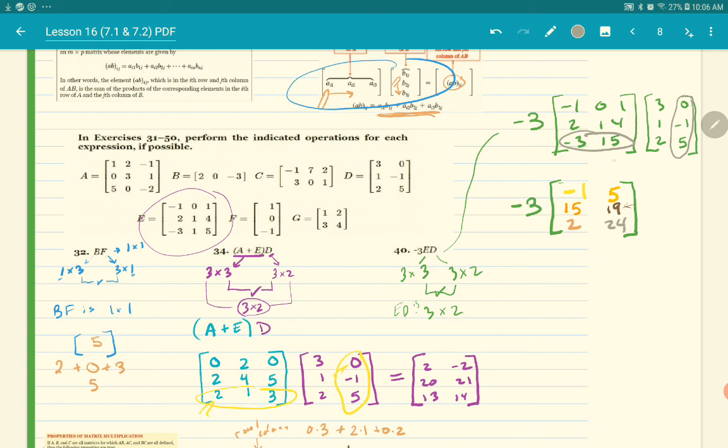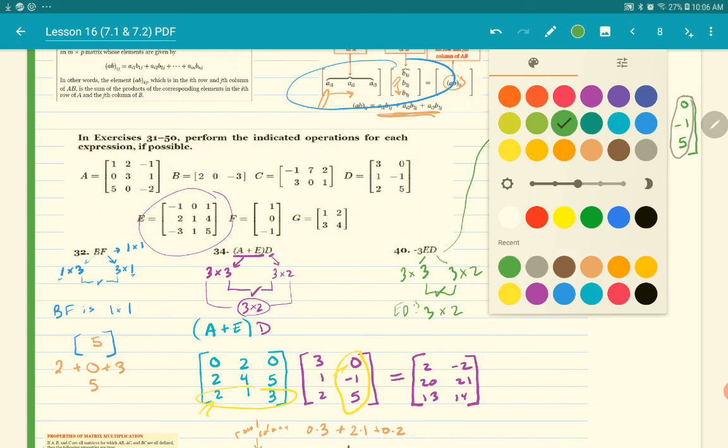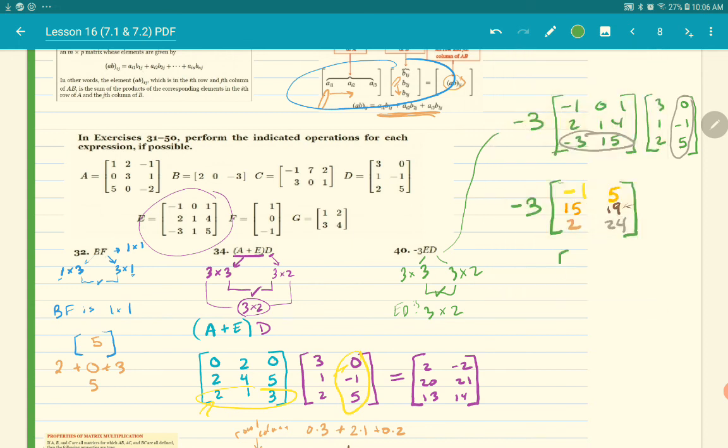All right, now I got to take all of these and multiply them by -3. And I get the same size matrix, 3 by 2. Multiply -3 times -1, I get 3. -3 times 15 gives me a -45. -3 times 2 gives me a -6. -3 times 5 gives me a -15. -3 times 19, I'm going to do -3 times 20 to get -60, and then subtract 3.